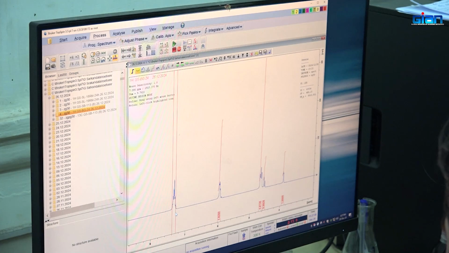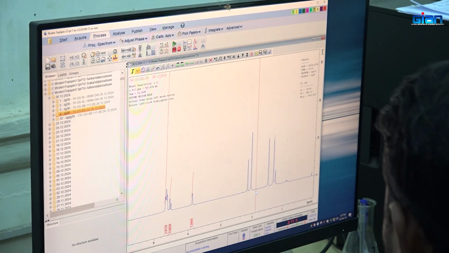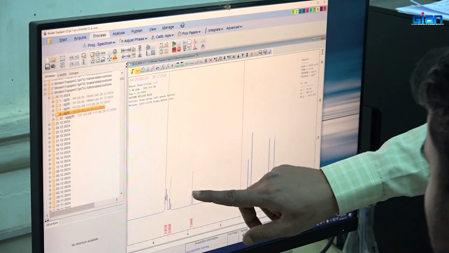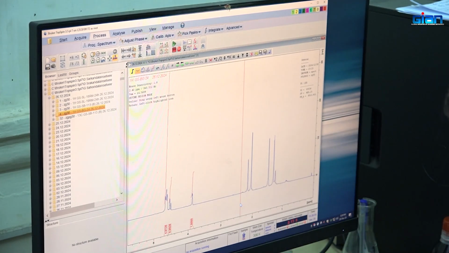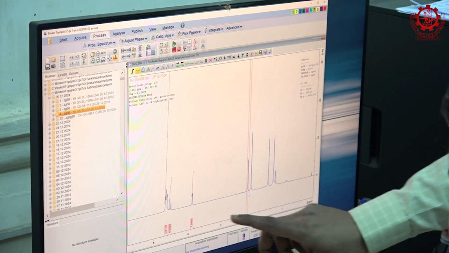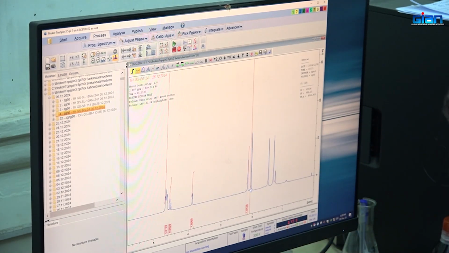What is that value? That is the relative area of each peak. And what it says is that if you have 1 proton here, this has got 0.99, which means 1 proton. You need not think about it exactly, you can always round up. So it is 1 proton here. 4.97 means there are 5 protons.